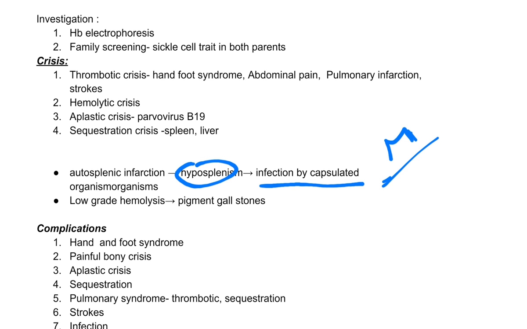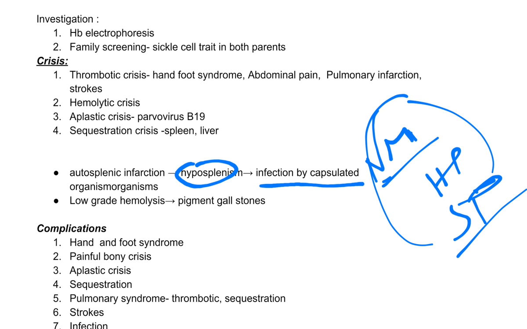Number one, Haemophilus influenzae, Streptococcus pneumoniae, and Neisseria meningitidis. So these are the 3 important organisms. And chronic low-grade hemolysis can lead to pigment gallstones.